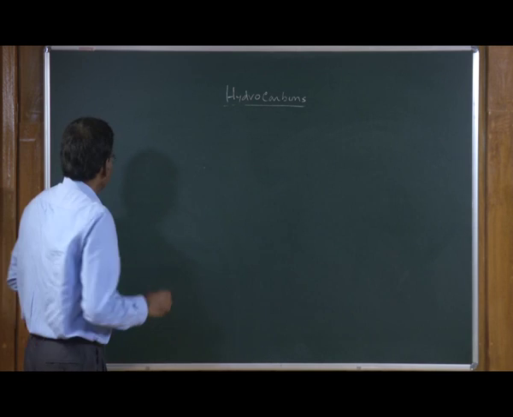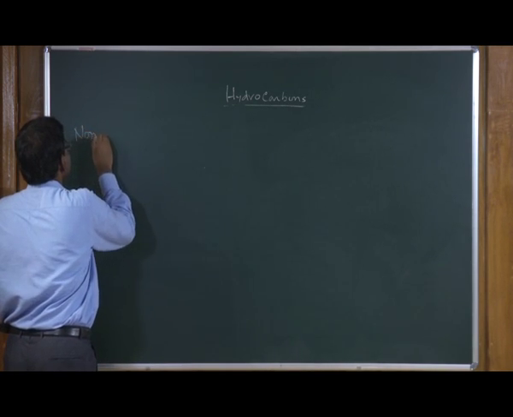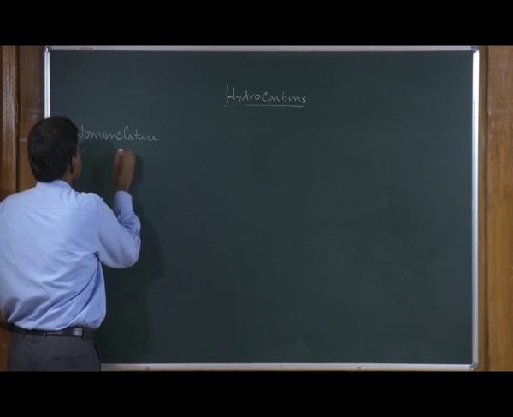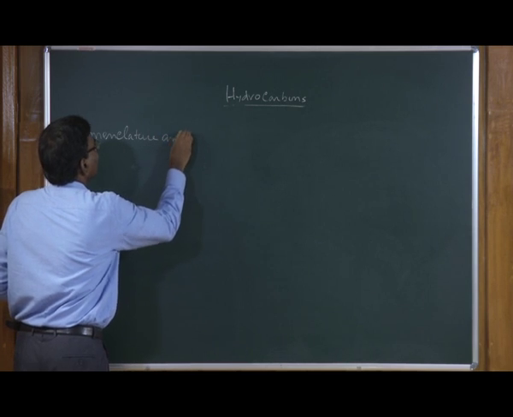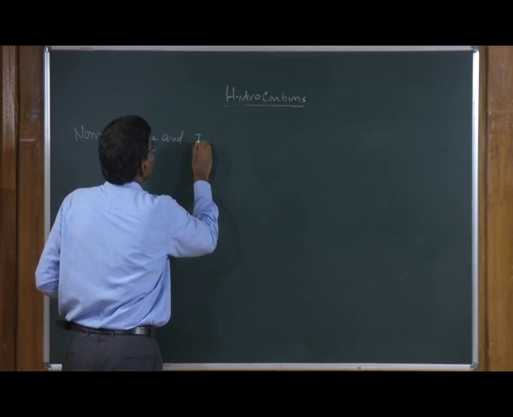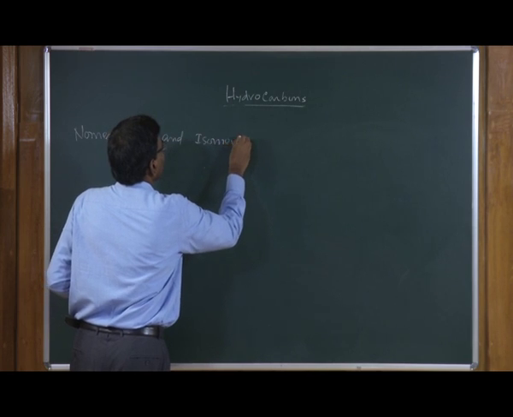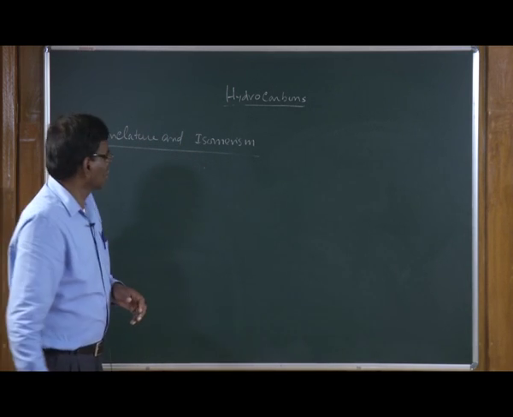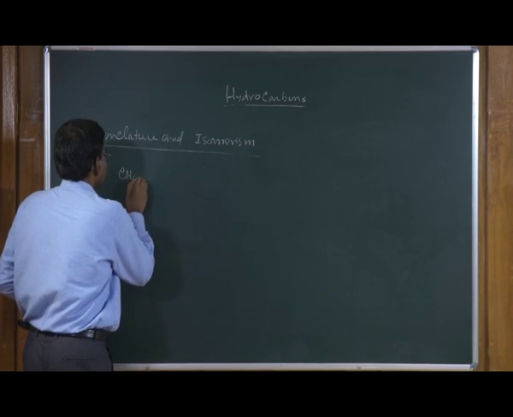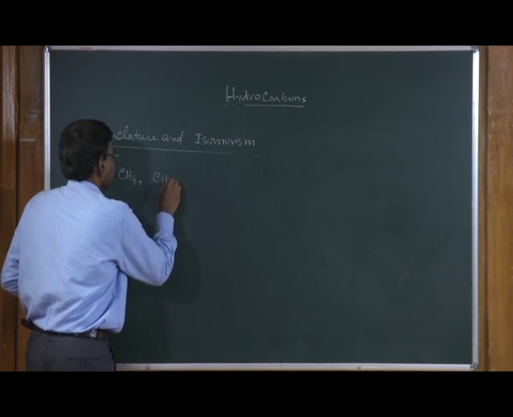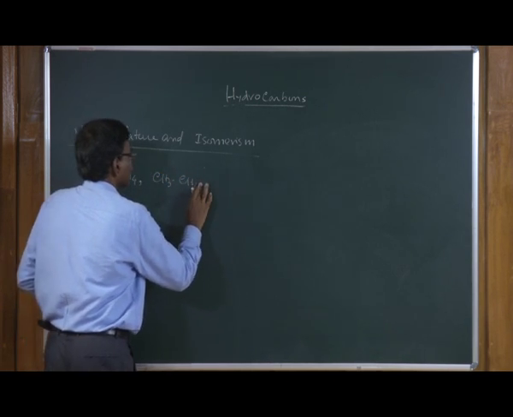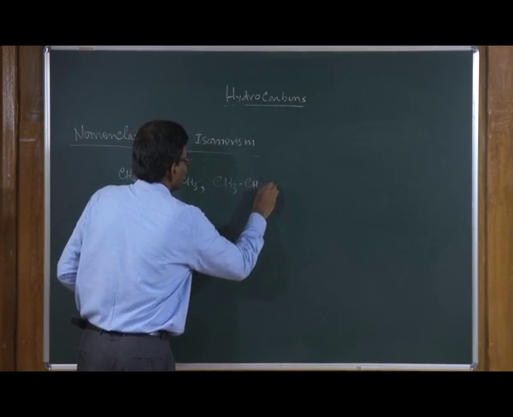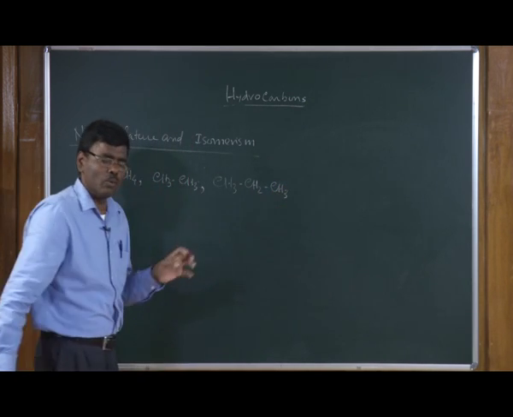Now, let us see the nomenclature and isomerism. So, methane, ethane, propane, they have only one structure.